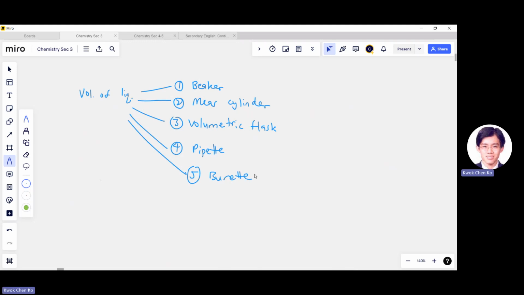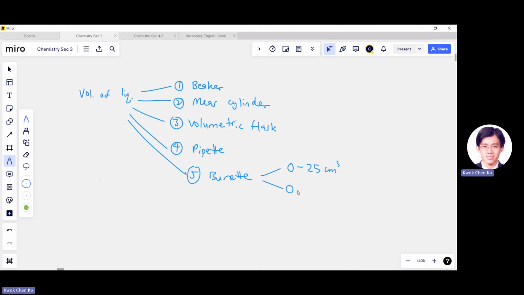Sabrina, which one is most accurate? What's the range? Well, there are 2 kinds according to your syllabus. One is up to 25 cm3.